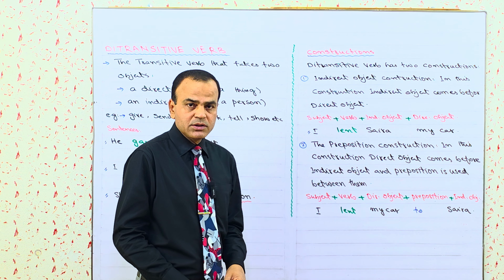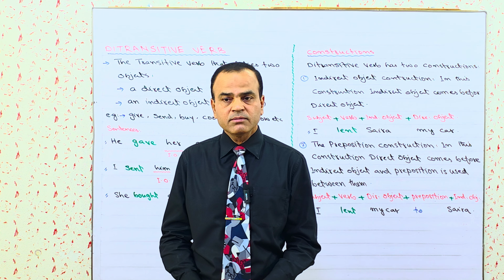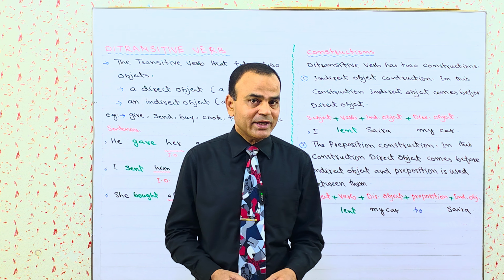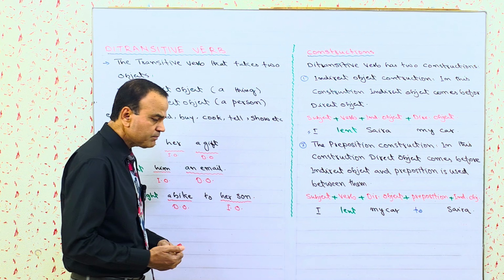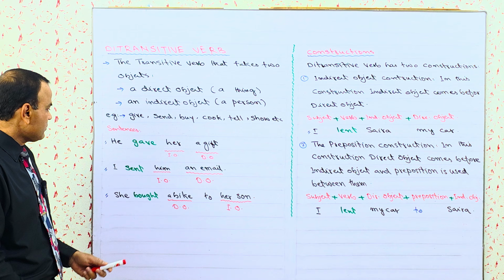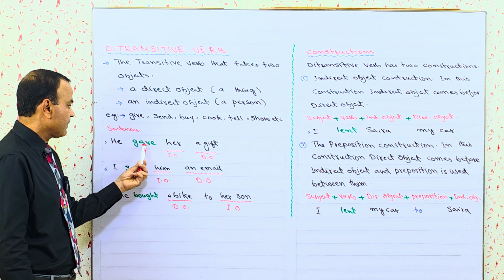It can be determined whether the verb is transitive or ditransitive by keeping in view the number of objects it takes. Let's have a look at the examples I have made for you. Sentence number 1 is: He gave her a gift.